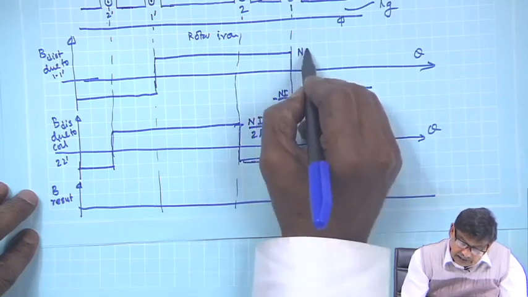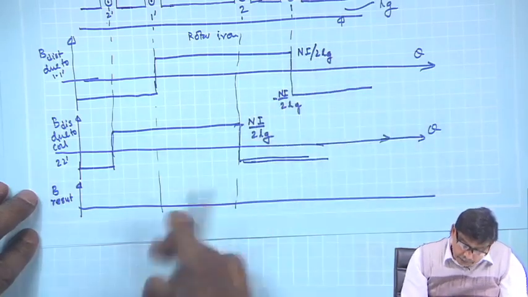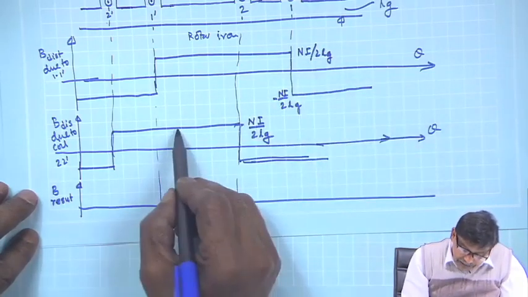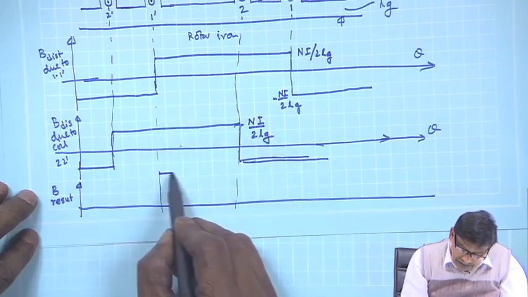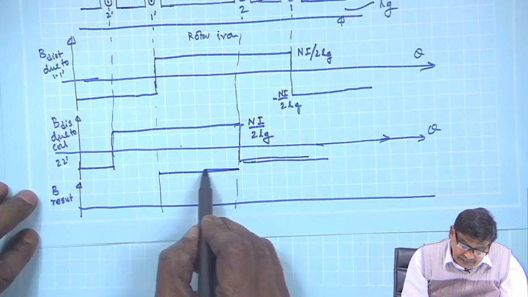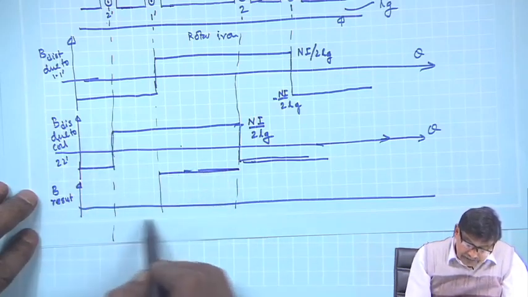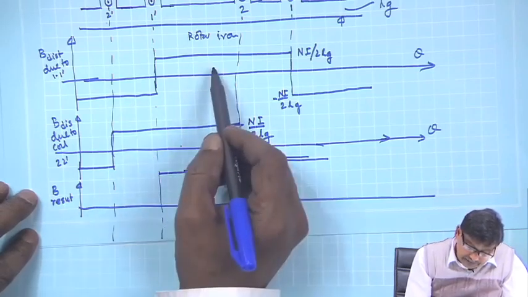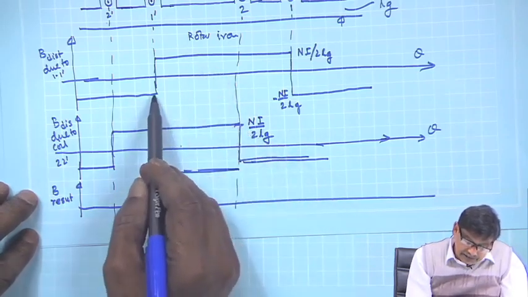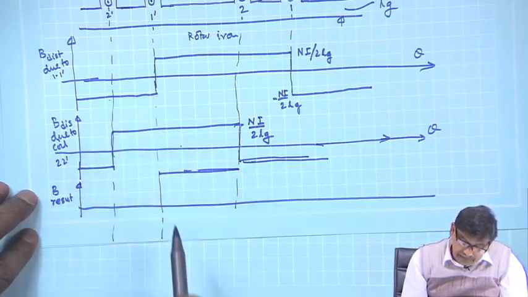This is also N I by 2 L G, because the coils are identical. Therefore, during this zone it will be this plus this, so it will be higher like this. During this interval it will be this plus this. So, during this interval what will be the value? How much?